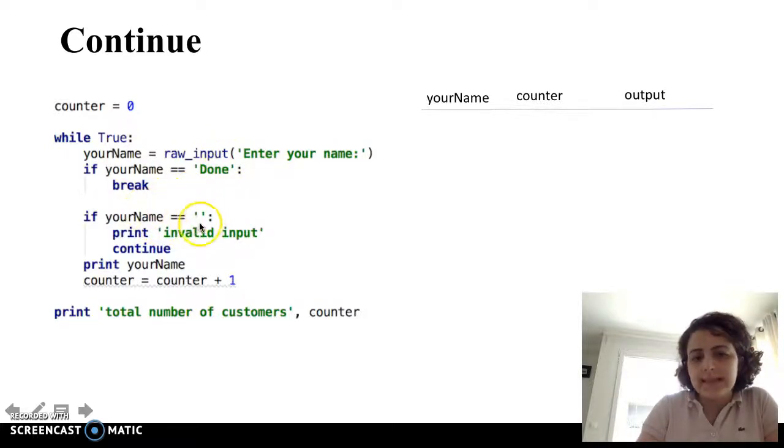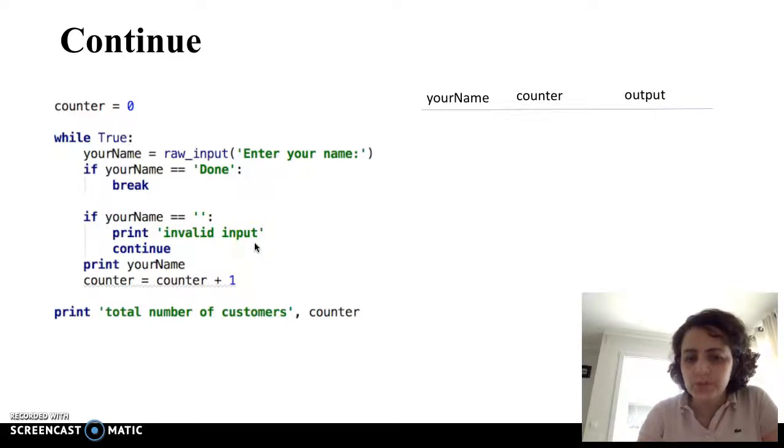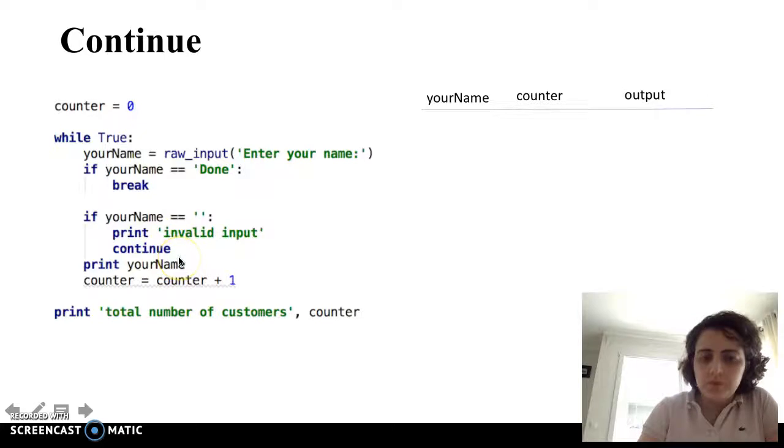If any customer does not enter his or her name, an invalid input is printed, and we do not want to print out that name, and we are not going to increase the counter which shows the number of customers. So by using the continue keyword, I'm saying, hey loop, I'm not going to execute the statements in the loop, and I just want to go to the next iteration. So by continuing, we are going to the next iteration.